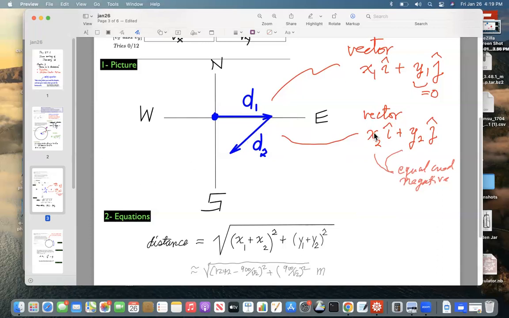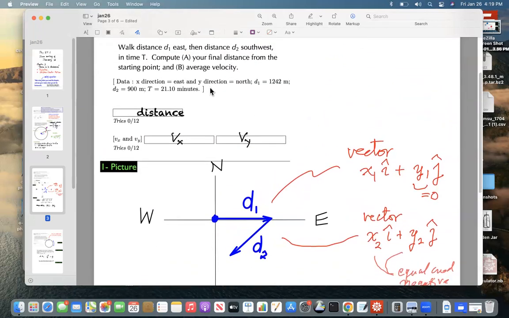And they'll be equal because it's directly southwest. It's at a 45-degree angle. So it has two equal components, both negative. And the length of d2 is the distance that you walked here, 900 meters.